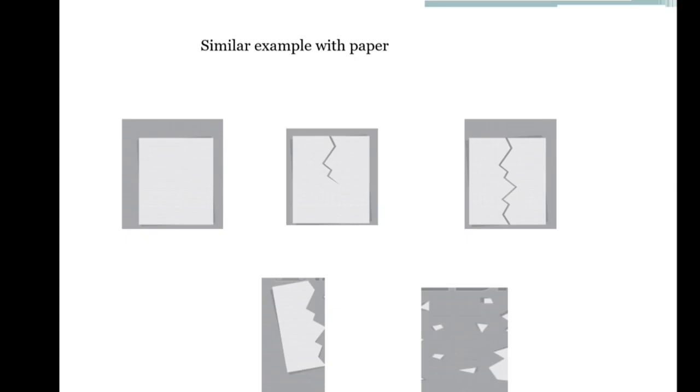A similar example is with paper. I am asking you to tear a sheet of paper into two. You can see in the second and third pictures that it becomes half. Now tear it into smaller and smaller pieces, as much as you could.